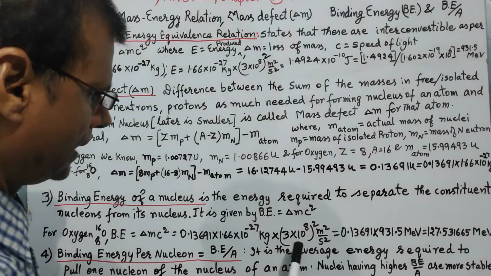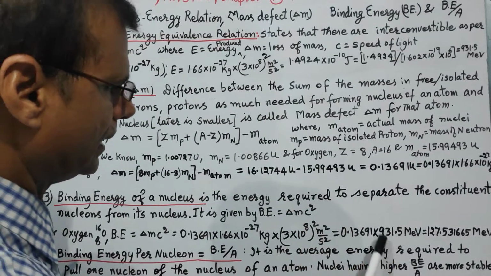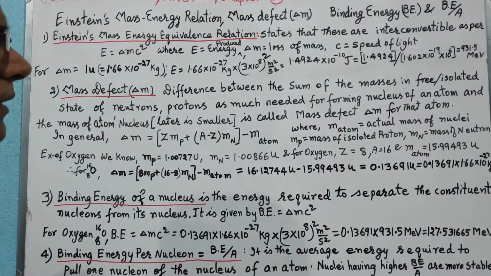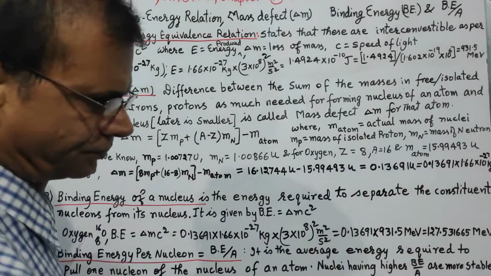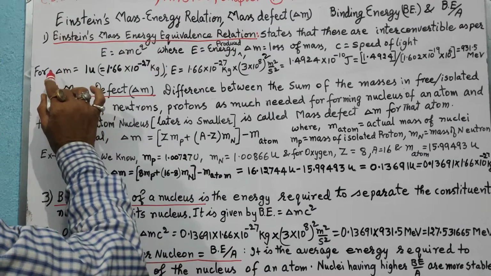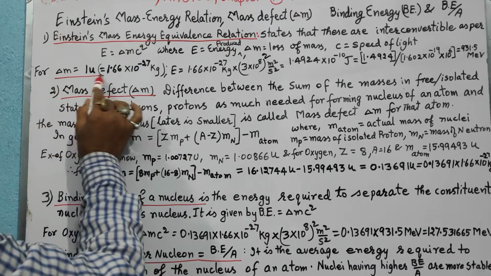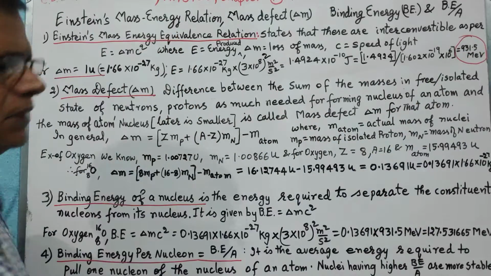Here we have calculated this part earlier, and that was found to be 931.5 MeV. We have just calculated it over here, you see. Here we have calculated that the equivalent energy of one atomic unit is equal to 931.5 MeV.